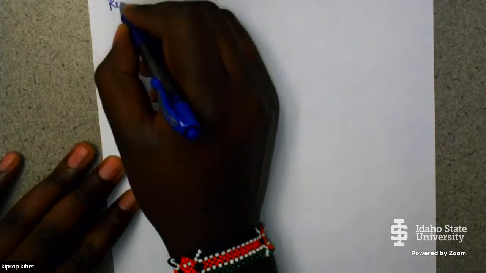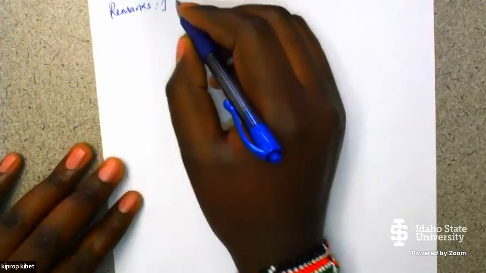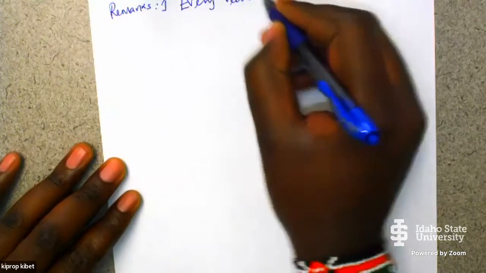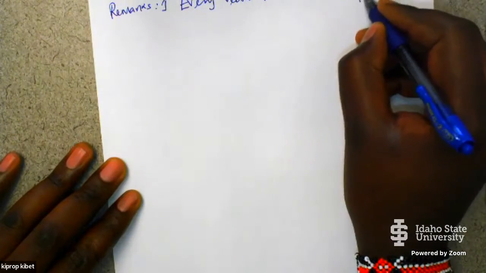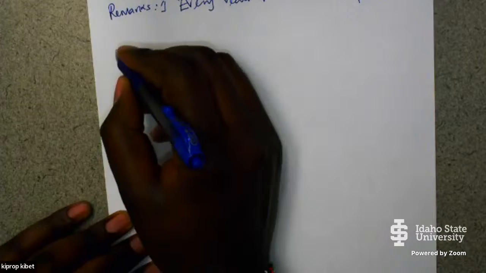Remark number 1: every vector space V has a unique zero vector. Let's see the proof.